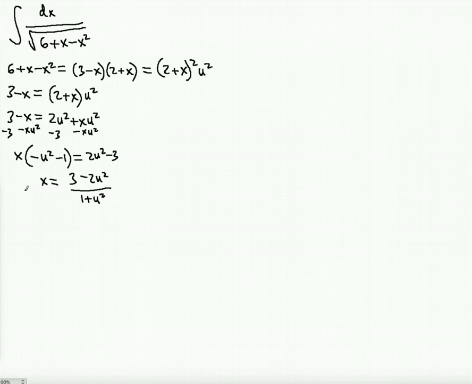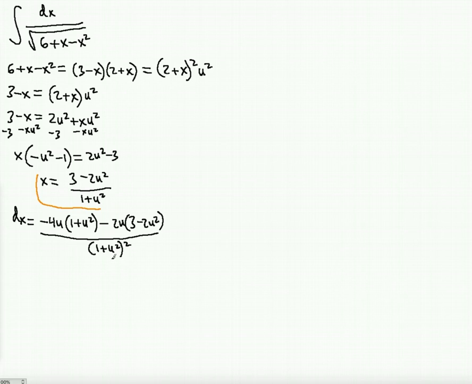Perfect. So we need that. Now we need to find the dx. The dx is going to be found by using the quotient rule, of course. So first the derivative of the top, negative 4u, multiplied by the untouched bottom, 1 plus u squared, minus the differentiated bottom times the untouched top, 3 minus 2u squared, and then divide this by the square of the bottom.